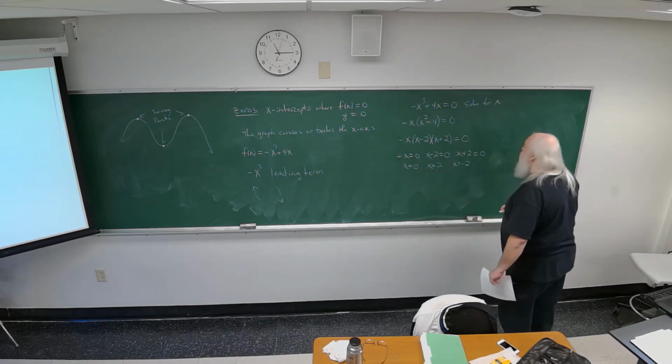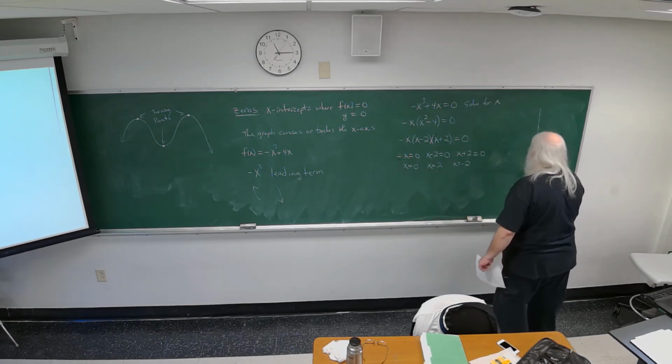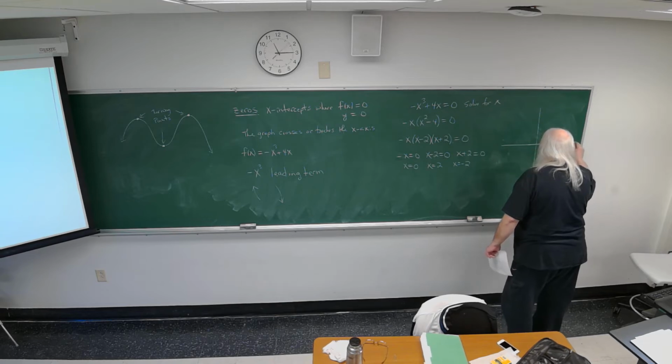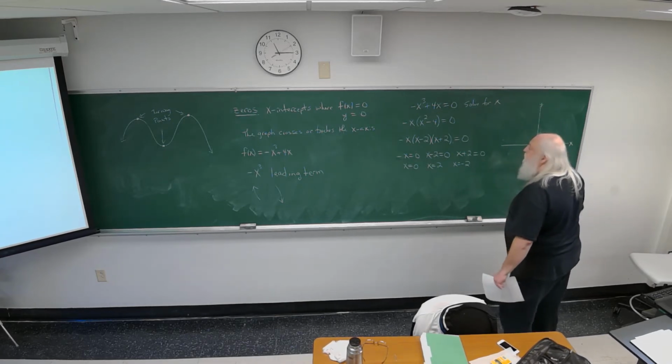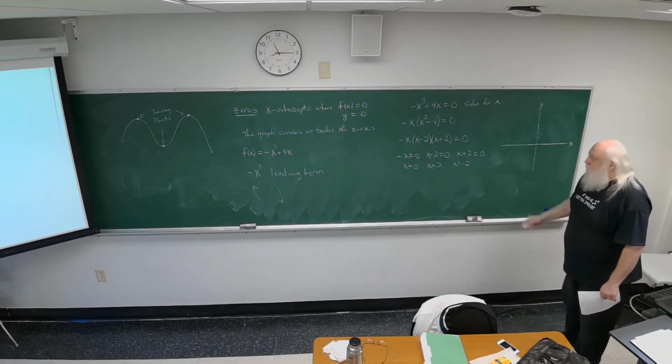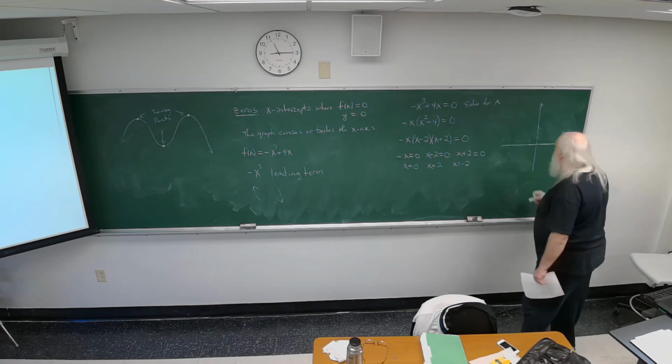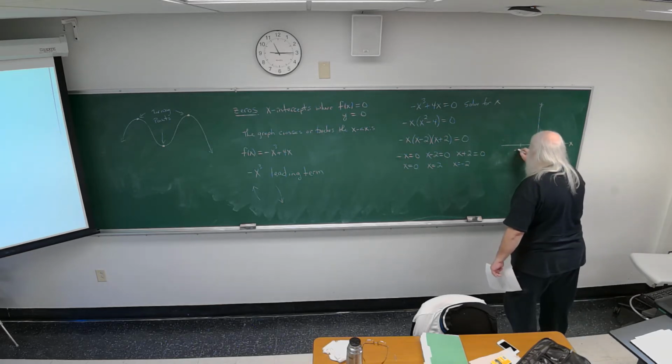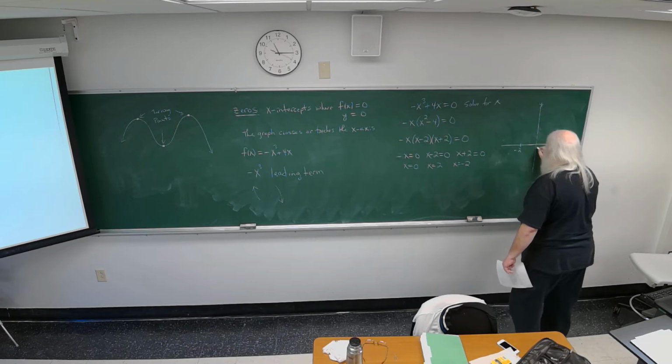Now remember, we're just approximating the graph. So the 3 x-intercepts are located at minus 2, the origin, and plus 2.